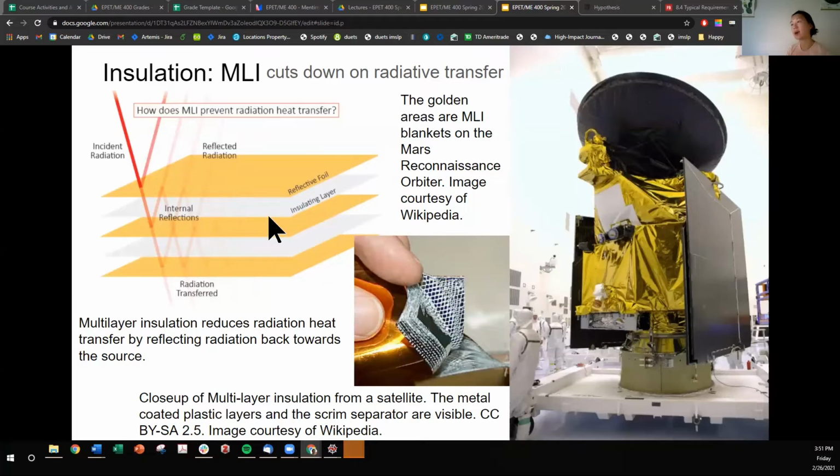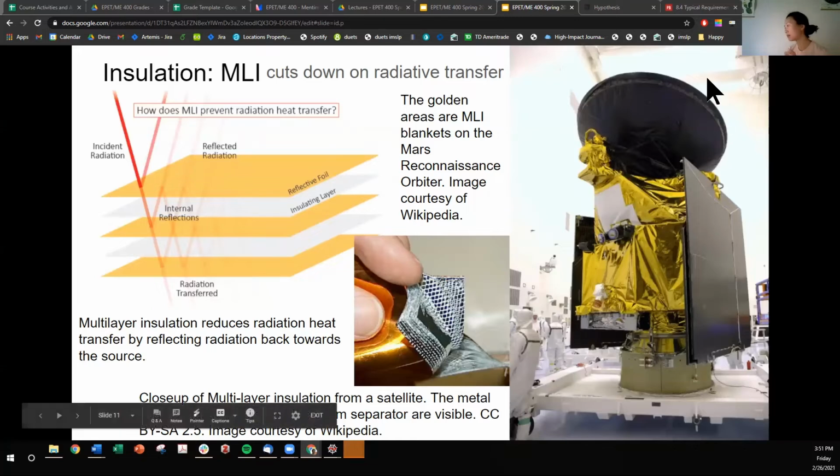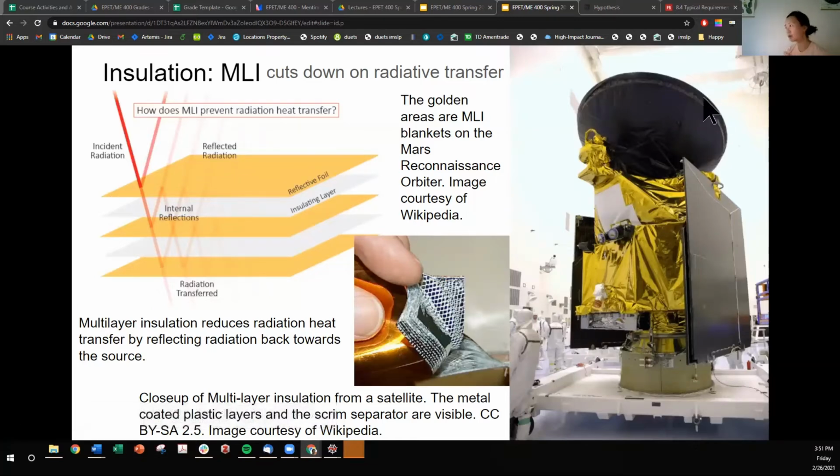So to get the compounding effect of distinct layers, you have to have this insulating layer that separates the reflective foil. This spacecraft on the right is the Mars Reconnaissance Orbiter, and you can see that it's just covered in MLI. MLI is a very common solution, and you'll see not only the outside of spacecraft getting covered, but components on the inside also getting covered.